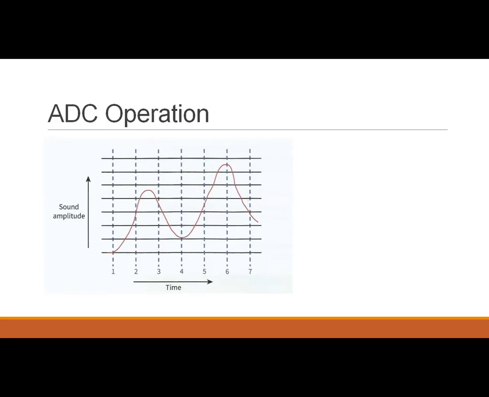Currently, you can see that we might have a little around 50 samples. Every intersection of time and sound amplitude is an exact sample reading. So we have roughly 50 samples on this graph.